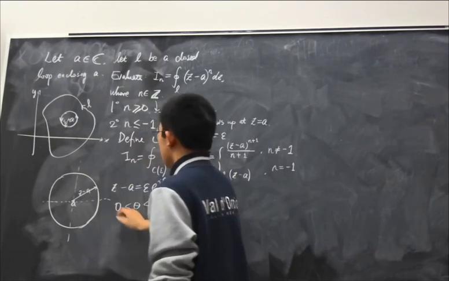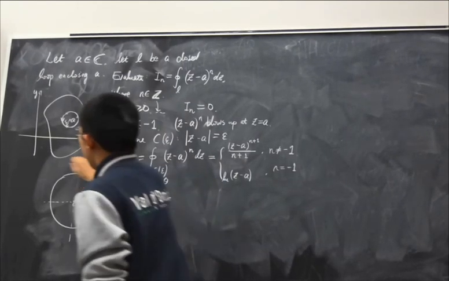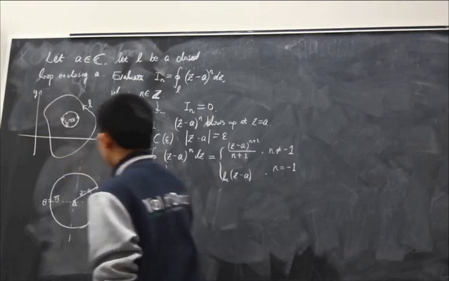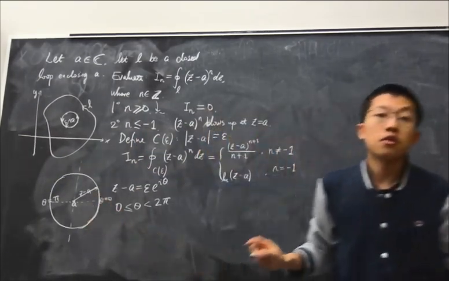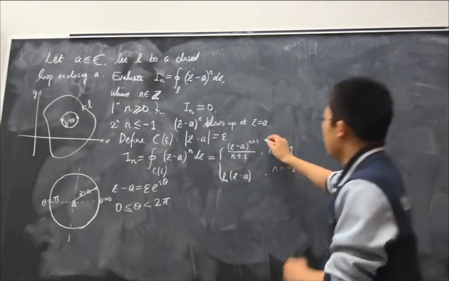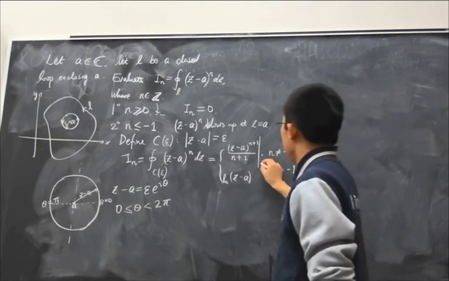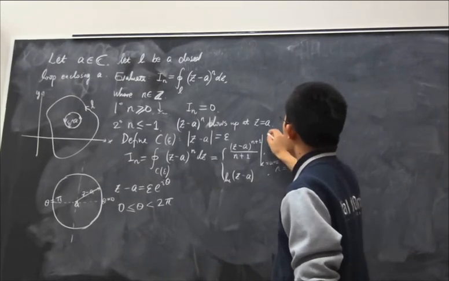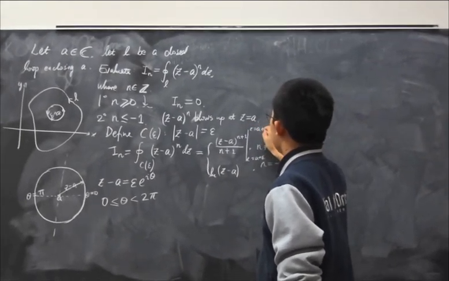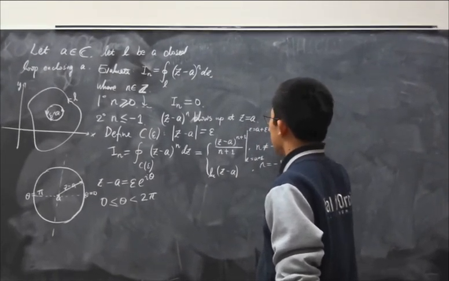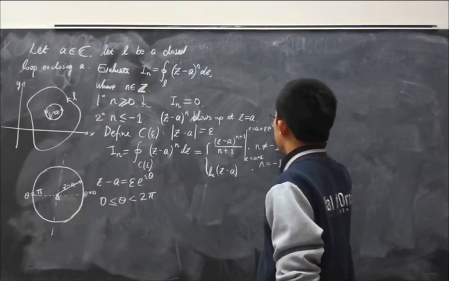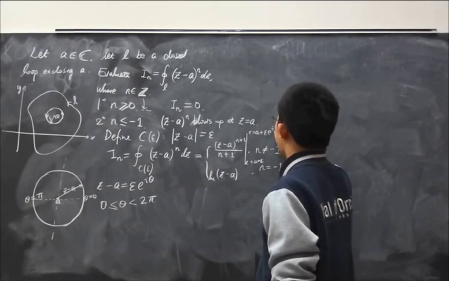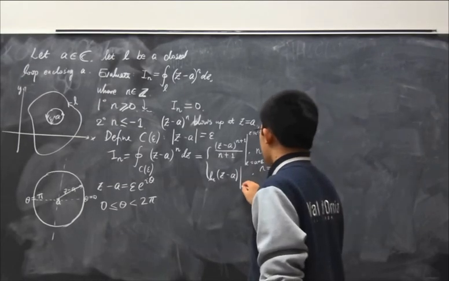Here is theta equals 0, and all the way to theta equals pi, and when you go back, that's theta equals 2 pi. So here, z equals a plus epsilon. Here, z equals a plus epsilon times e to the i times 2 pi at the ending point. Over here, it's the same idea.